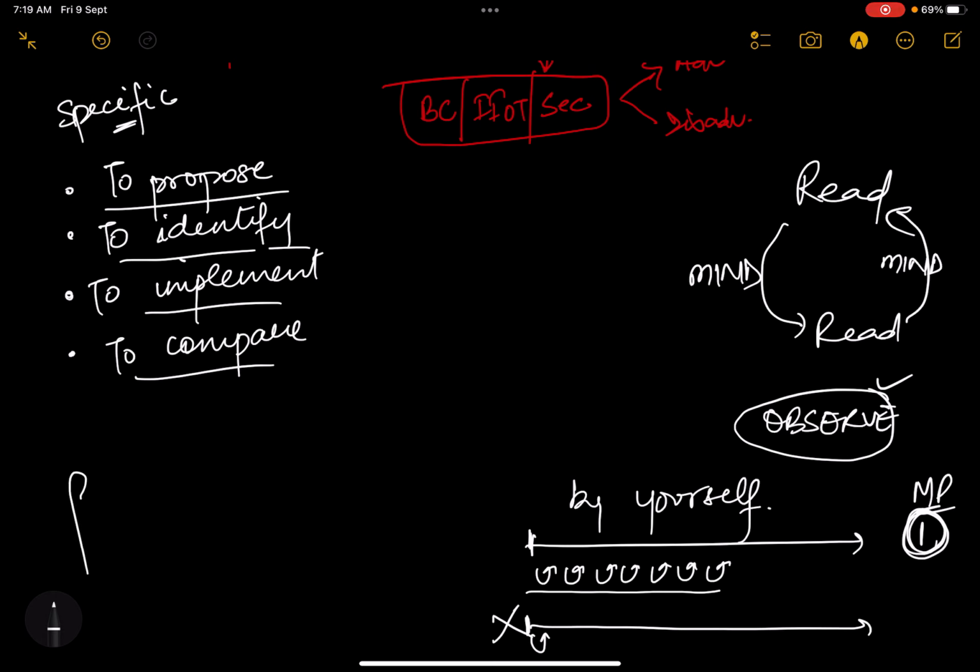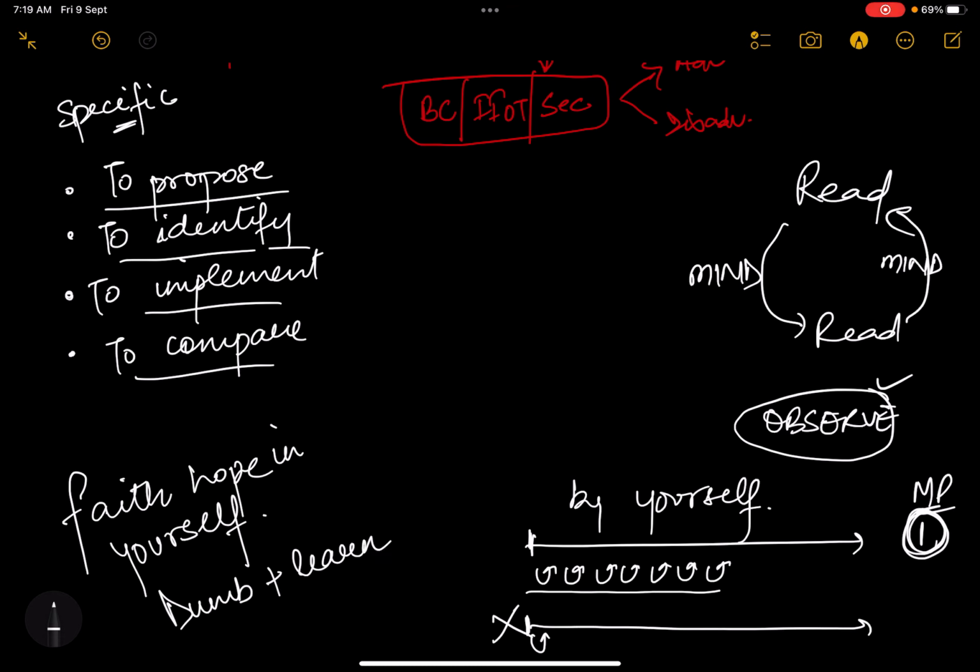So the most important ingredient is to have faith, to have hope in yourself. You're not dumb. Like I might say that you are dumb right now because you don't know about this. But the moment you learn, and that can only happen when you do it, you will become smart, and you will become a smart researcher, not just smart. And this is a goal, something to strive for.